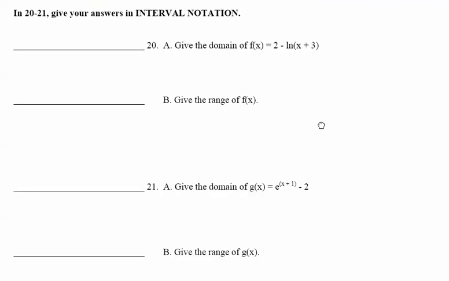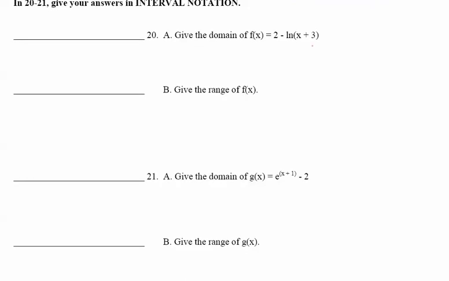All right, let's see if we can finish quickly here. Give the domain of this function. Well, what numbers can you take logarithms of? So think about your basic graph. We can only take logarithms of positive numbers, so our domain of this graph is everything from 0 to infinity.